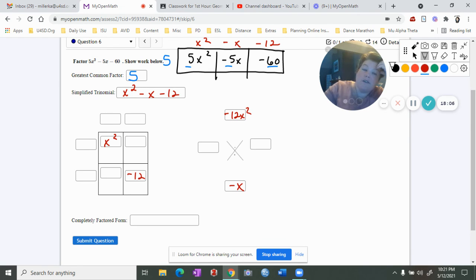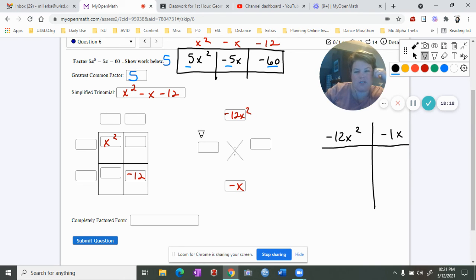All right, so what are my factors of negative 12x squared that add to negative 1x? Now, we have a negative product, which tells me I have a positive and a negative in my factors.